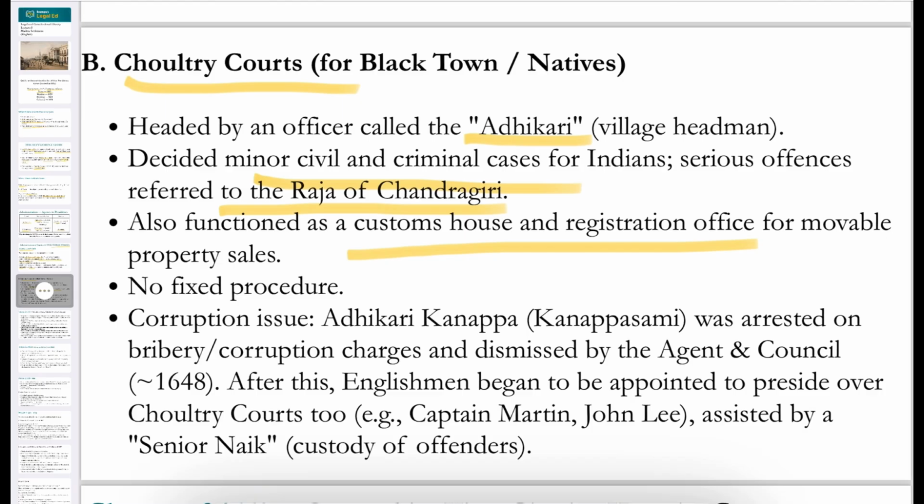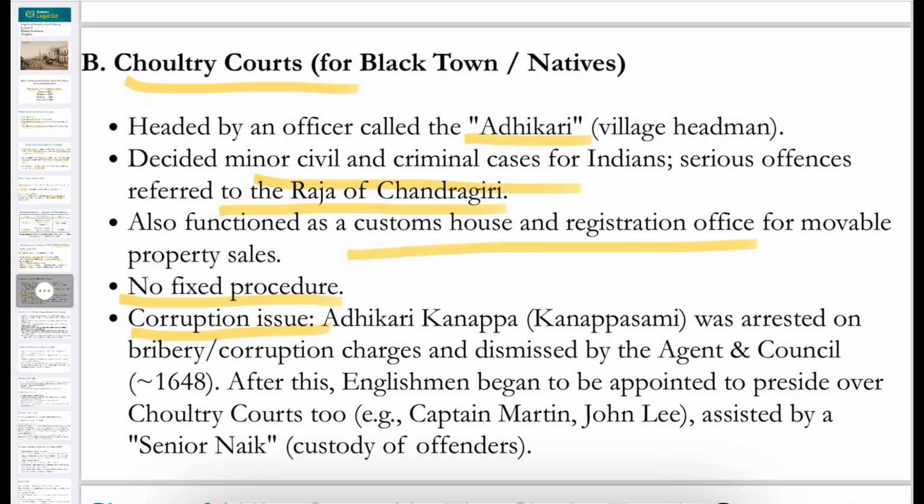In these courts, there was no fixed procedure. The court more or less decided matters in its own informal way. One huge problem of the Choultry courts was corruption, and one very important incident of this is the issue of Kanappa.